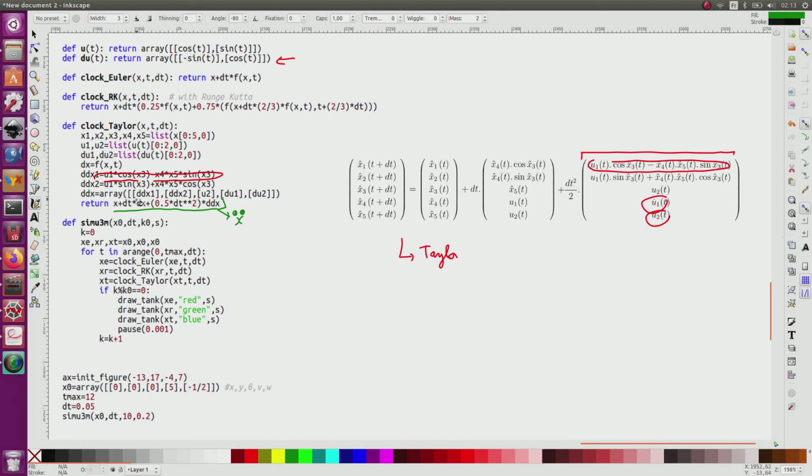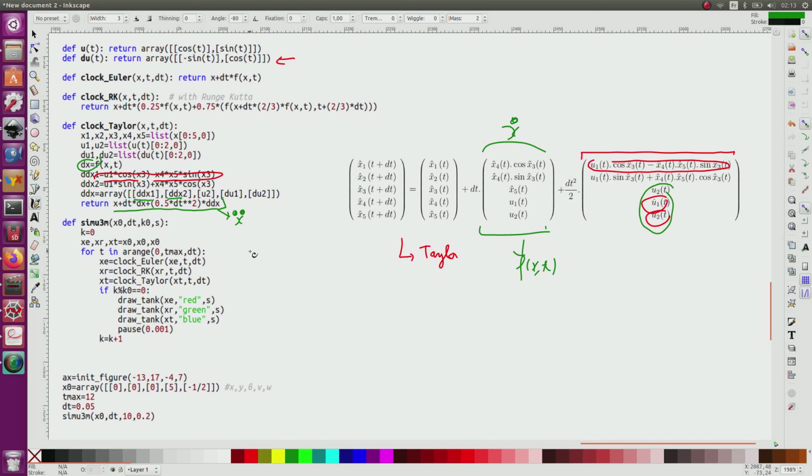So the first component is ddx1, ddx2, but also u2, du1 and du2 as explained here. This is a classical function f of x and t. This is why I can recognize here that it corresponds to x dot, which is denoted by ddx here.